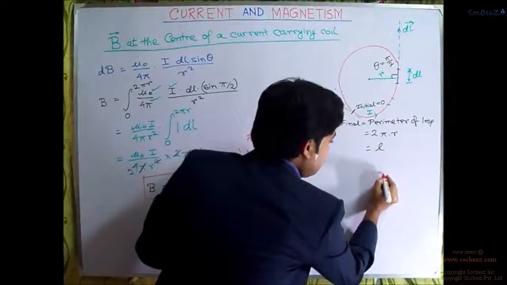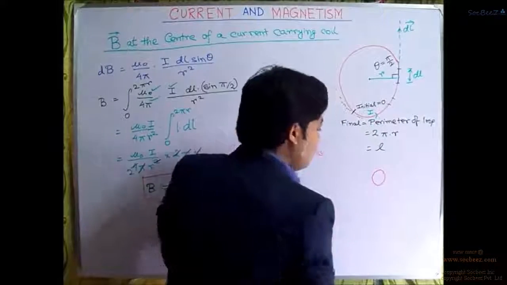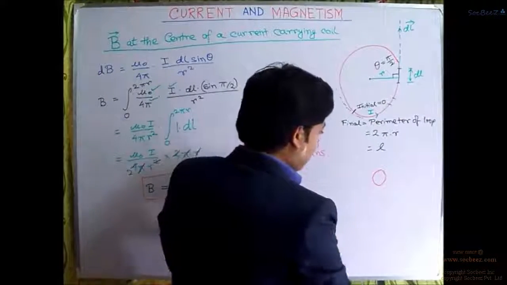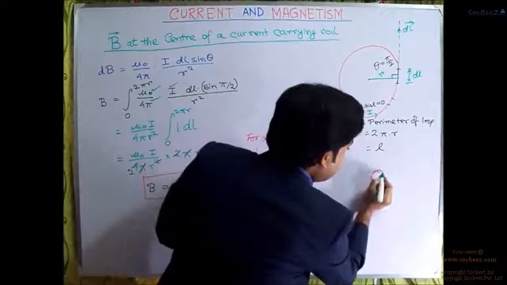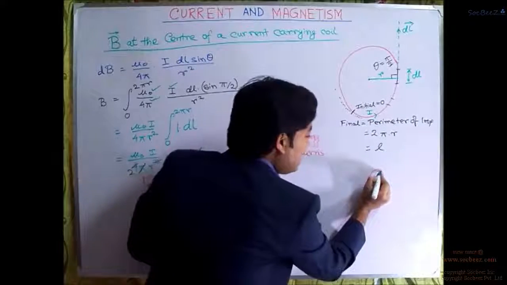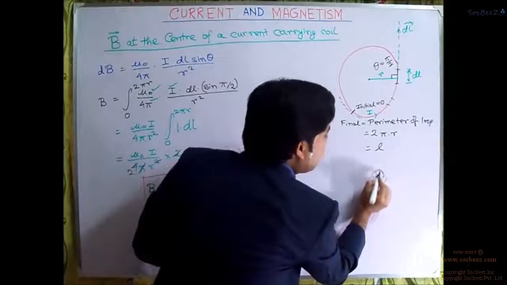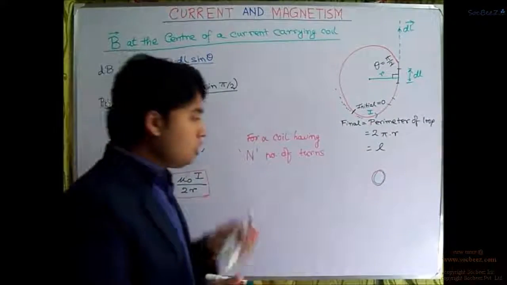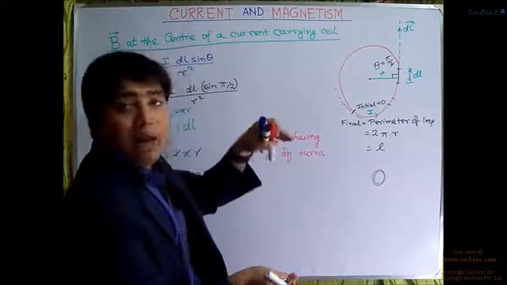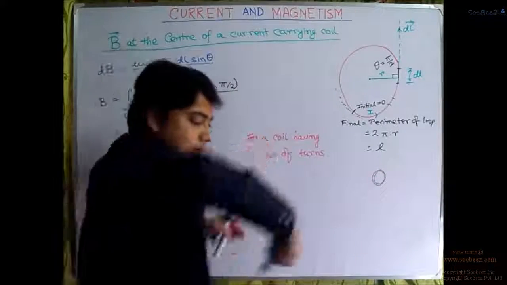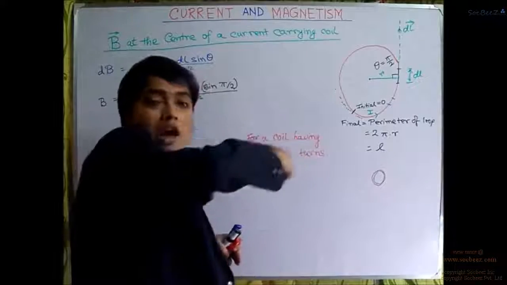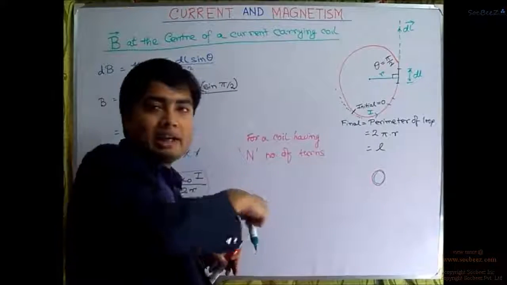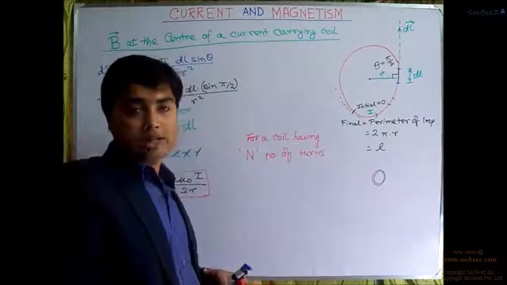Because, say, over here this is a turn, and again over that, starting from where it ended, there will be another turn like this. So there are n number of turns. These turns will pile up like this, the same as a coil underneath it, and a coil underneath it likewise.